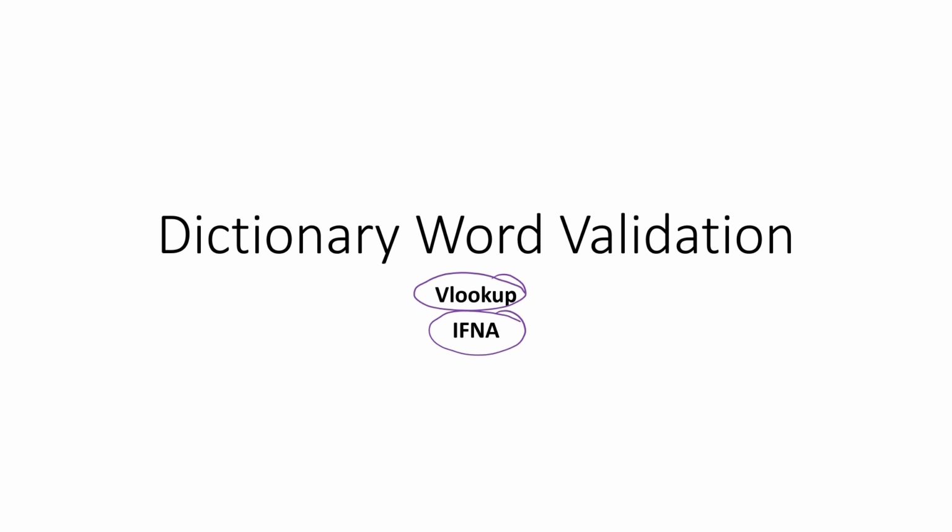Some of you did use Power Query, and while there is nothing wrong with using Power Query for word validation, when you went from 10,000 words on the Oxford Word Bank to the 280,000 words on the Collins Word Bank, a lot of you ran into trouble with Power Query for one simple reason, and that simple reason is overhead.